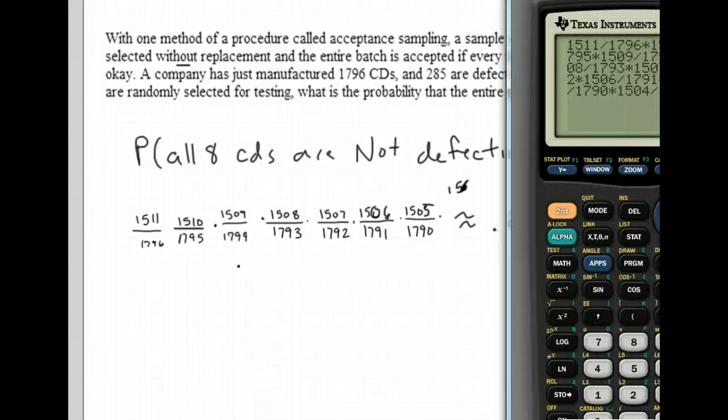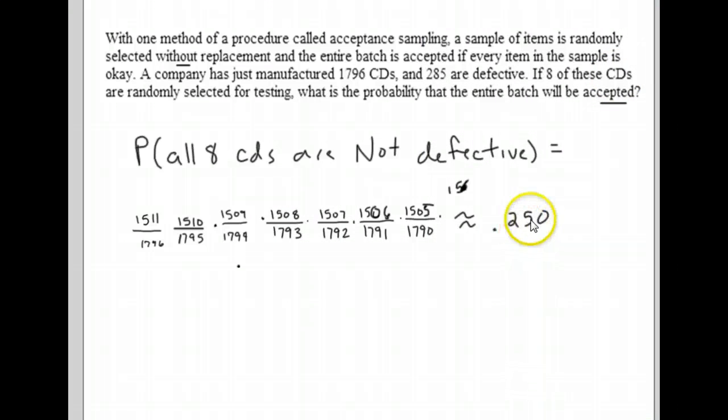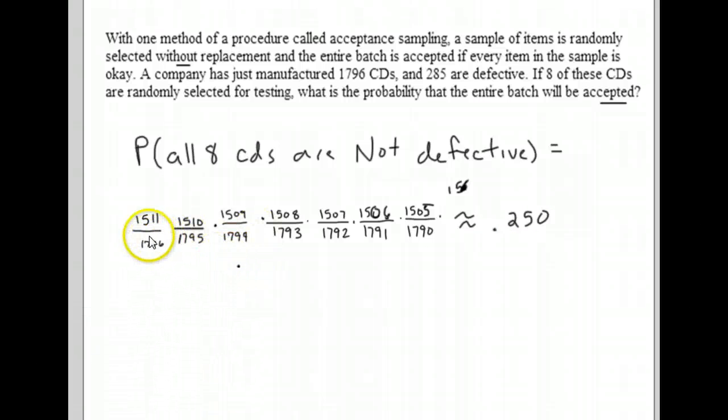So if I put all that in my calculator, which I've already got in there, and hit enter, I get 0.250 roughly to 3 decimal places. So I've got that approximation in there. But what I wanted you to see, this is called the shortcut for a cumbersome calculation, if you're talking about a cumbersome calculation to do this procedure over and over again.